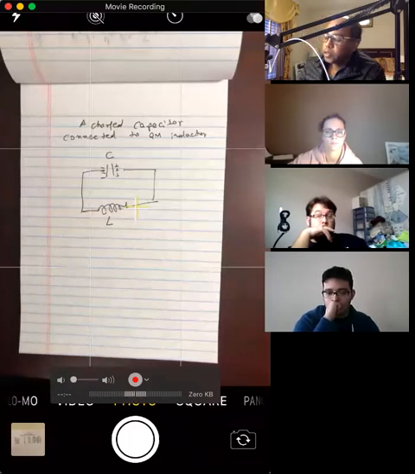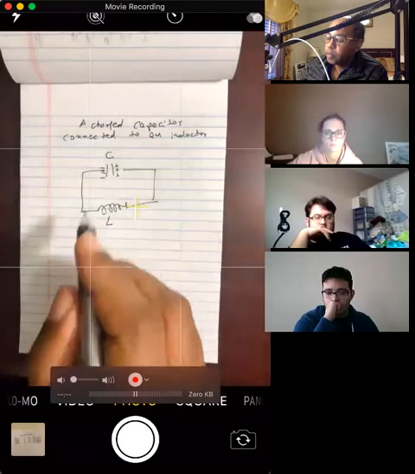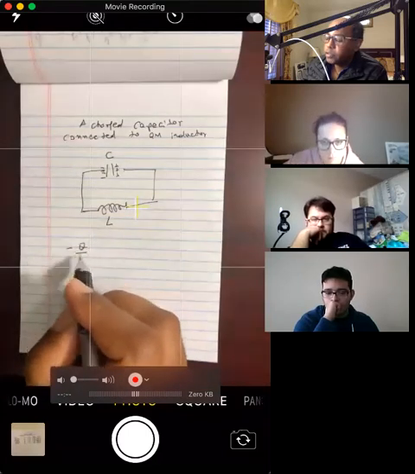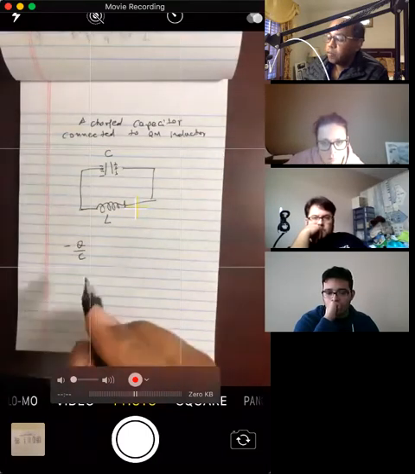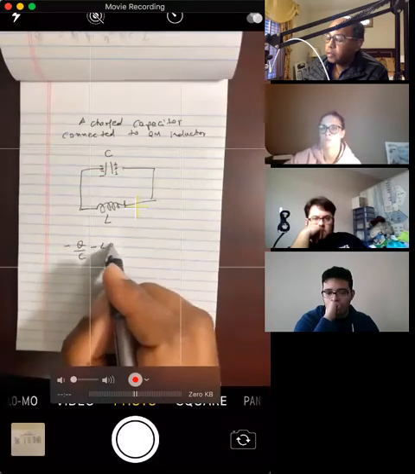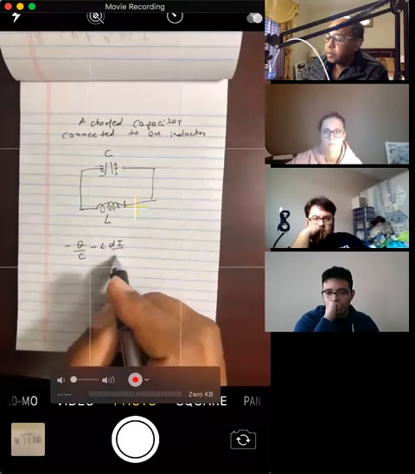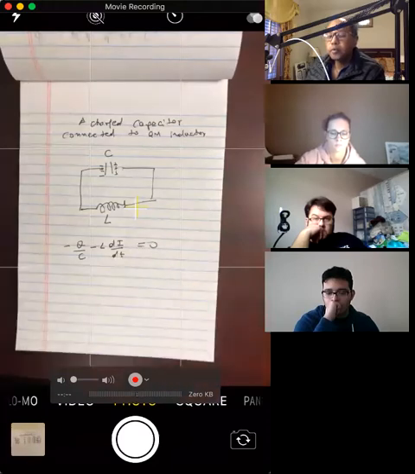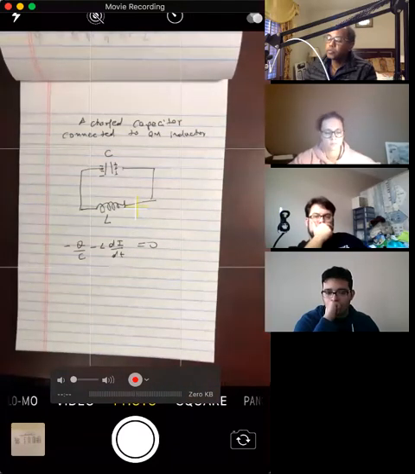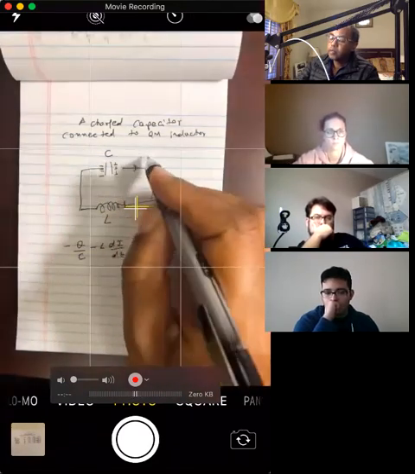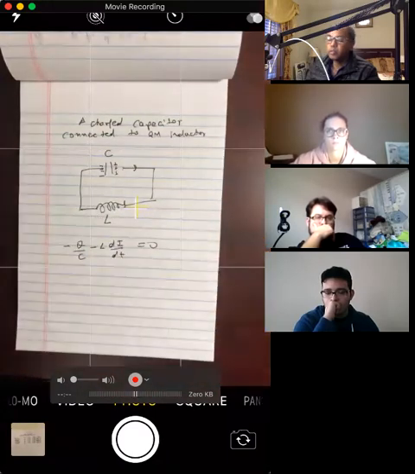From Kirchhoff's law, for the capacitor we have negative Q over C, the potential difference, and for the inductor, as we just learned today, it's L times di by dt, equals 0. So going around the loop, we get negative L di by dt minus Q over C equals 0.